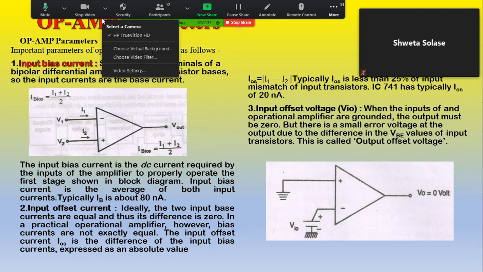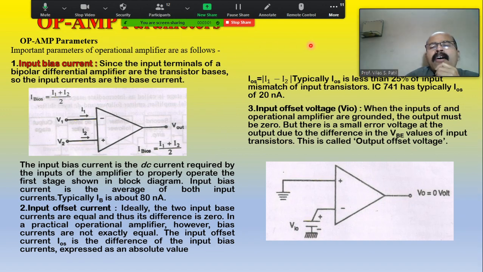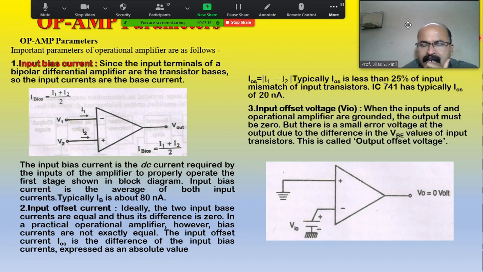Then OpAmp parameters. Here are the OpAmp parameters. There are different parameters, that is different constants, for the operational amplifier. The important parameters of the operational amplifier will be discussed as follows. The input bias current.